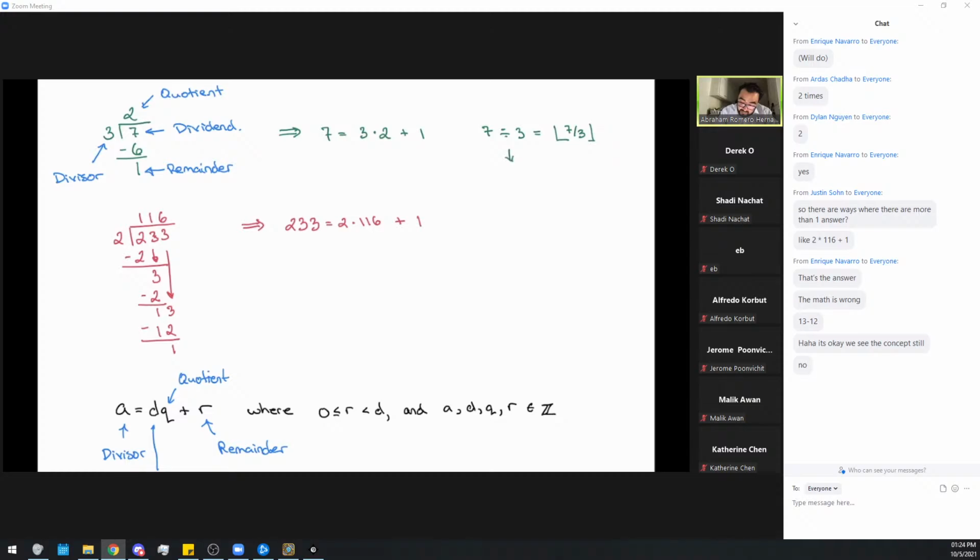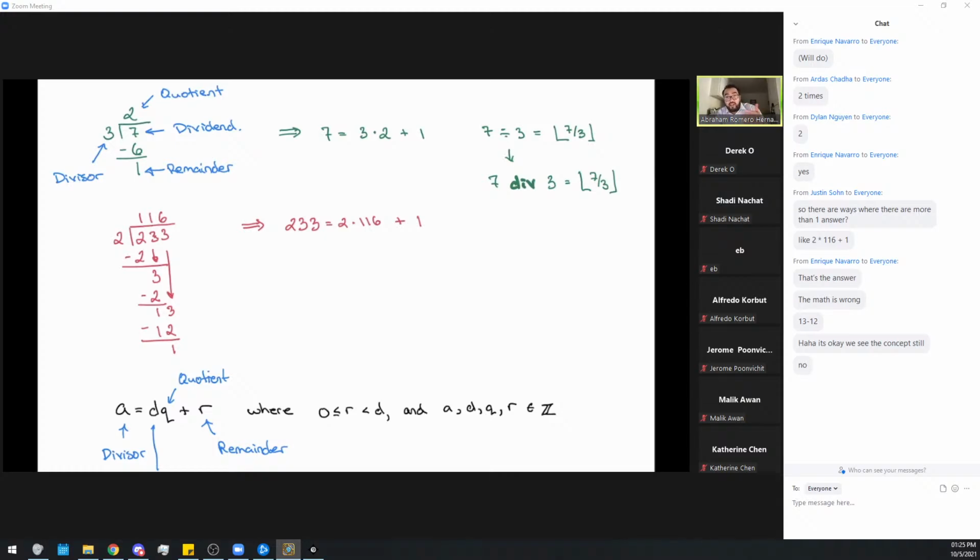Now, the way we write this in the book is 7 divided by 3. It is simply the floor function, right? Because obviously you do get 2.333, blah, blah. But if we only care about the quotient, then the quotient is the floor function. You're going to round down, which is 2.